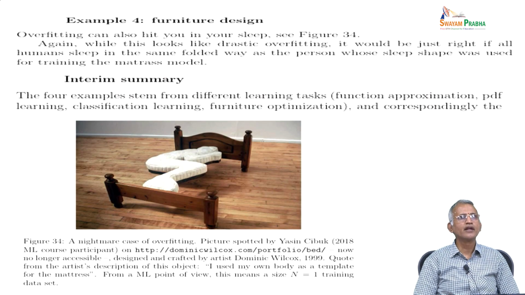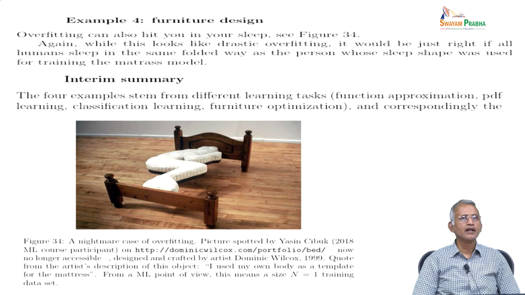Overfitting can also hit you in your sleep, see figure 34. Again, while this looks like drastic overfitting, it would be just right if all humans slept in the same folded way as the person whose sleep shape was used for training the mattress model.